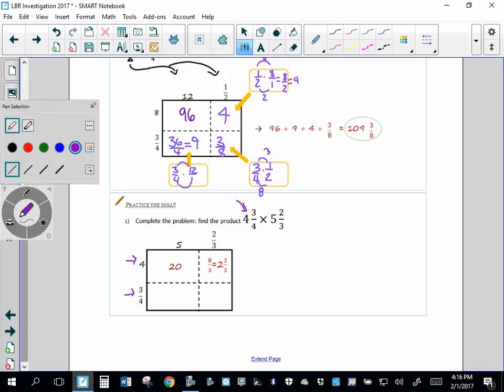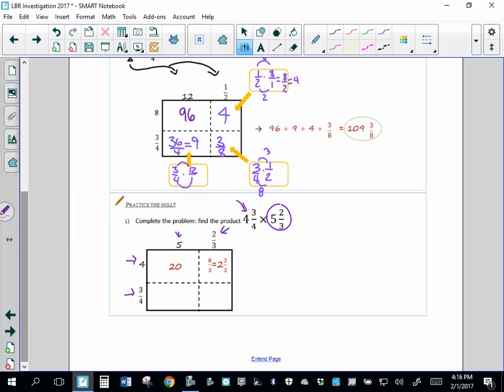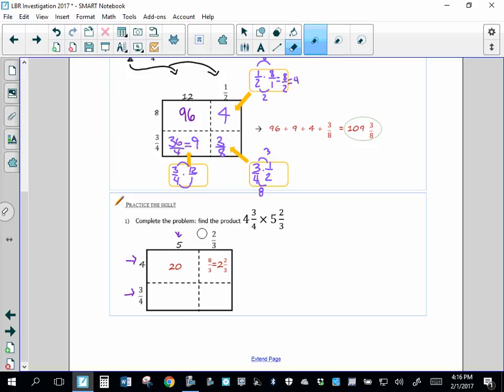And then we also have the 5 from this term, the whole number 5, and the fraction piece split up. So we split all that up, and we just continue on with the process. We use the area model.